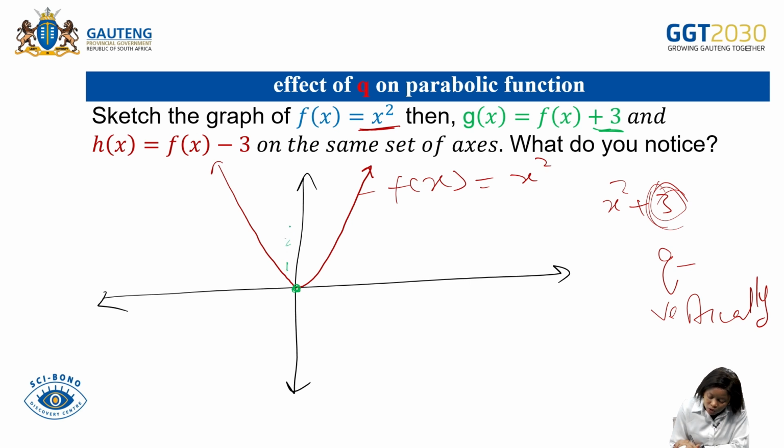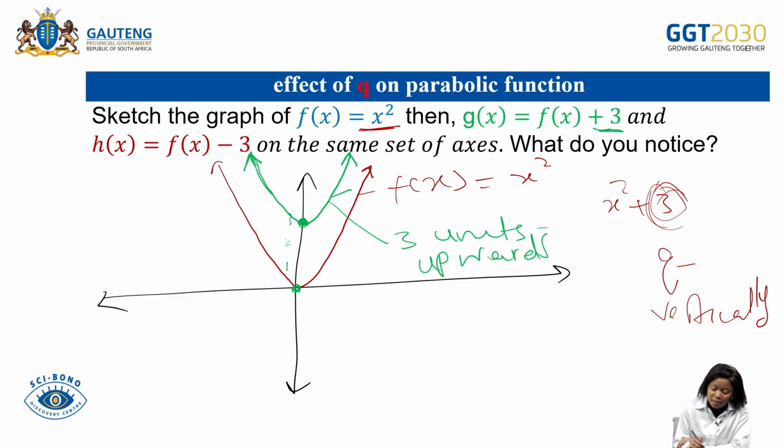Let's say it's 1, 2, 3. The new graph is going to now turn at positive 3. Your graph has shifted 3 units upwards.